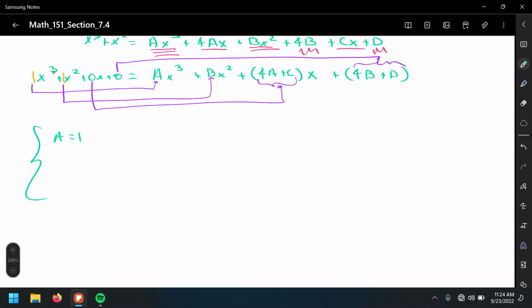We'll also get that b equals 1. Then for the coefficient of x to the first power, 4a plus c equals the coefficient on the left hand side, which is 0. And last but not least, the constant term 4b plus d equals this placeholder, which is 0 also.